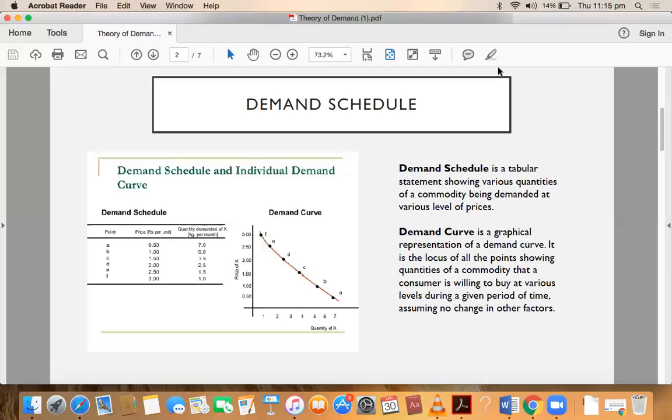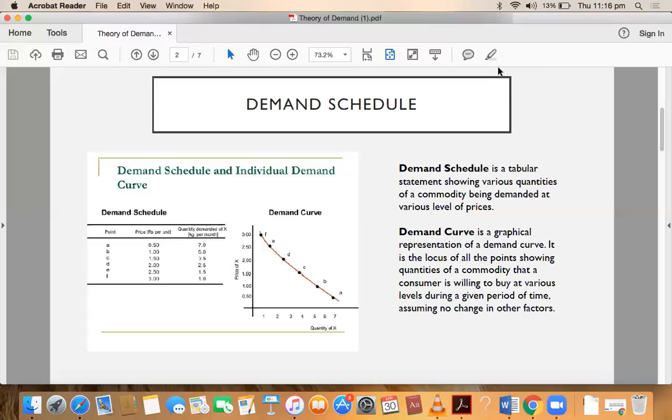At price of 50 paisa, demand is 7 units. And at rupees 1 price, demand is 5 units, and at rupees 1.50, the demand of the commodity is 3.5 units.